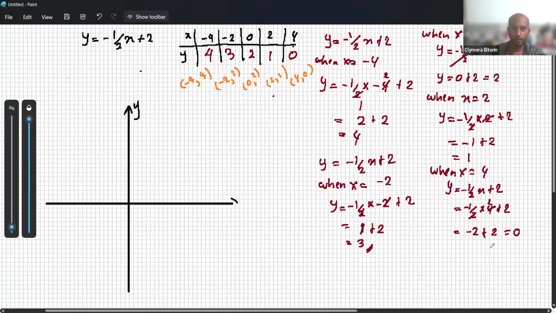Here's the y, and here's the x. Let's mark towards the highest y value, 4. I'm going 1, 2, 3.